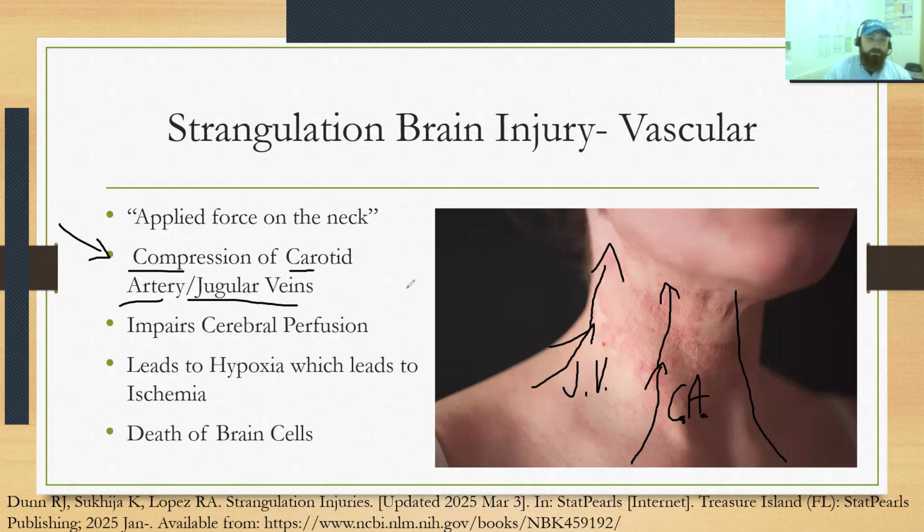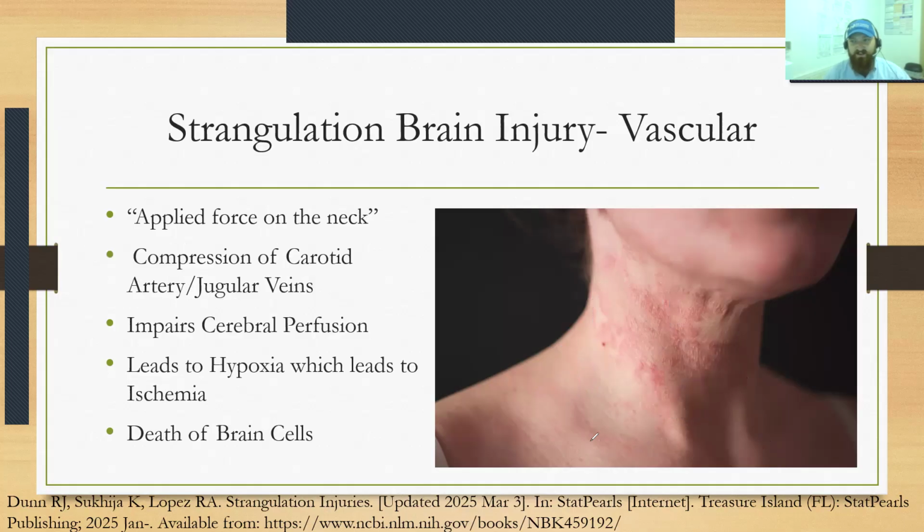And so strangulation is the applied force on the neck, which is the compression of the blood flow to the neck, which again is a very serious thing. This is a very serious conversation we're having. But what happens during a strangulation event is that it impairs cerebral perfusion. Again, that's a fancy word about oxygenation, so O2.